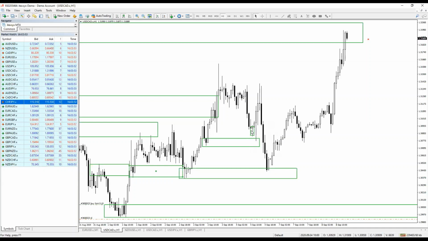Anyway, I don't think we would be able to have this zone plotted before price had gone down there. There is a decision point here, but it was already taken. So I don't think we could have taken this trade anyway, or found this zone before it was already busted.